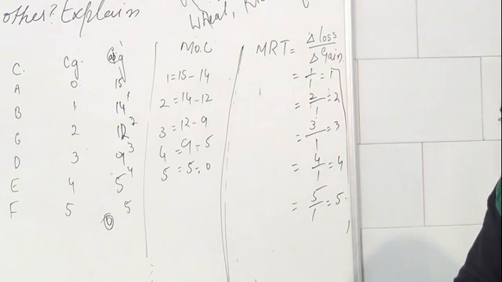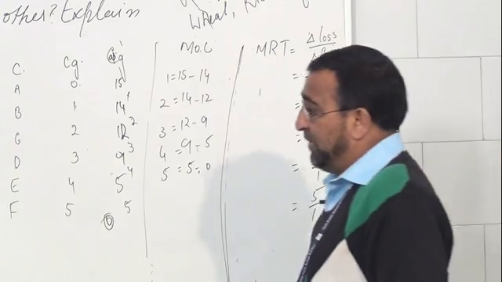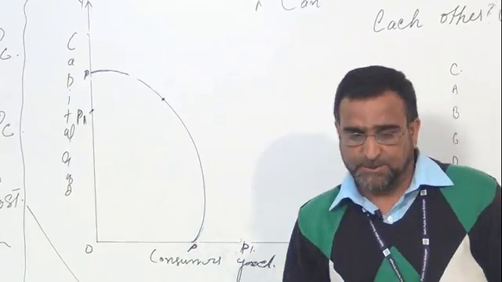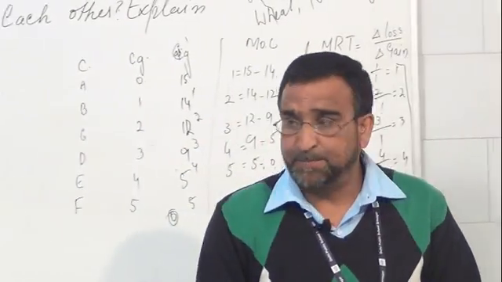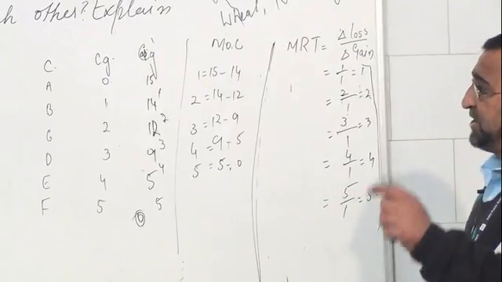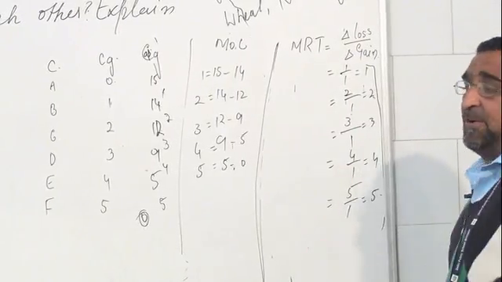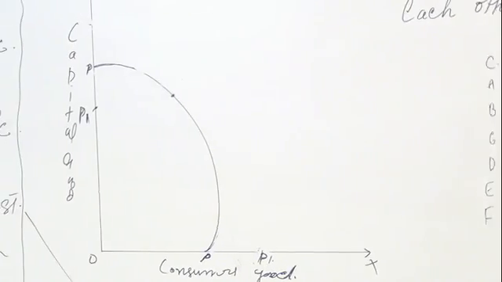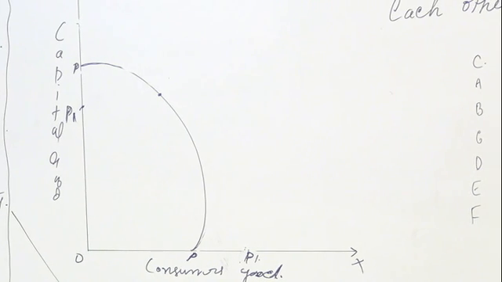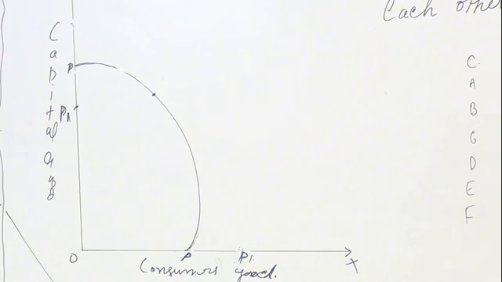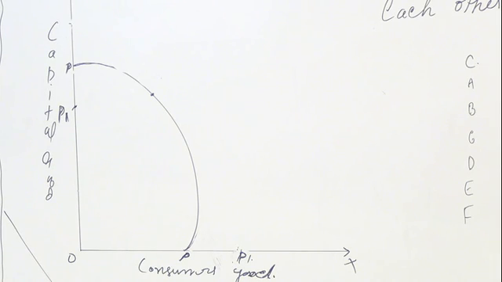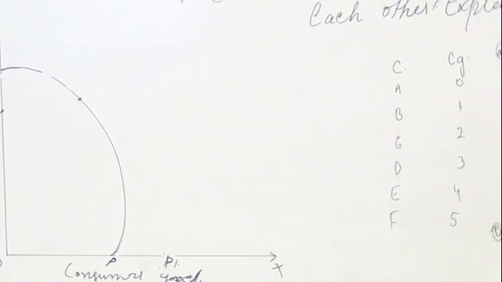That is why, as I have already told you, this production possibility curve slopes downwards from left to right. First, it slopes downwards from left to right because in an economy, when we have given resources and you want to produce 1 more unit of one commodity, you have to sacrifice another unit of another commodity.